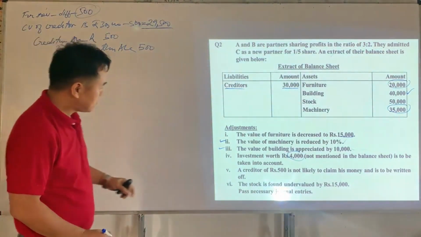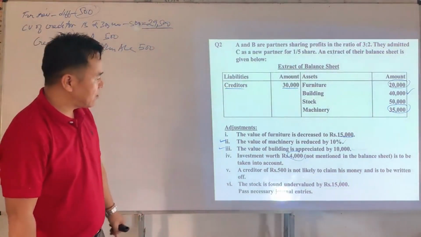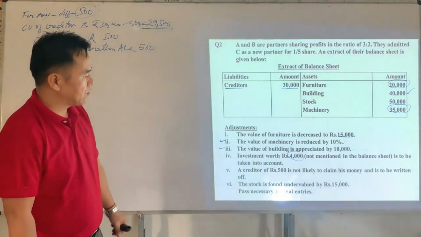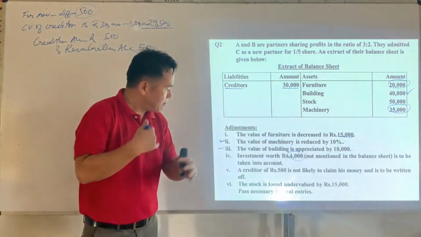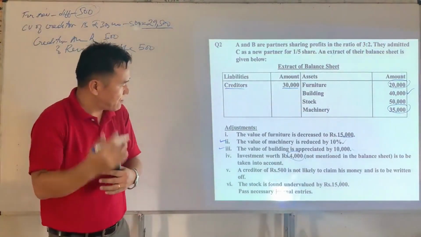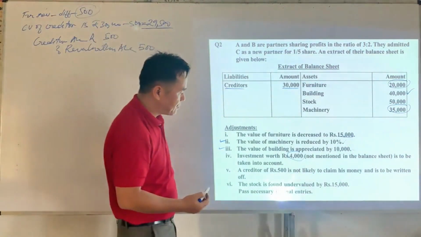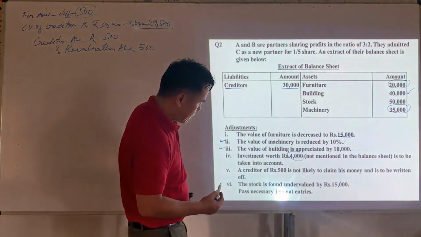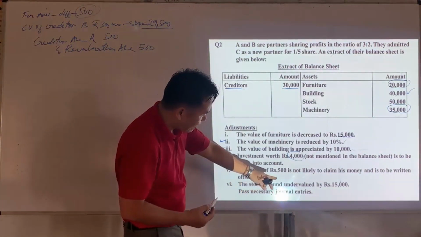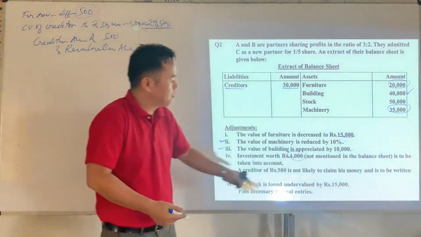Okay. Now the final adjustment is the stock is found undervalued by rupees 15,000. So it means by mistake the value of stock has been decreased by rupees 15,000.